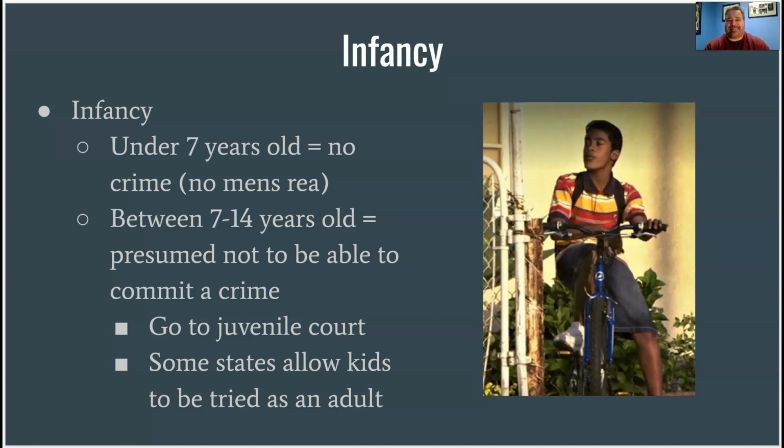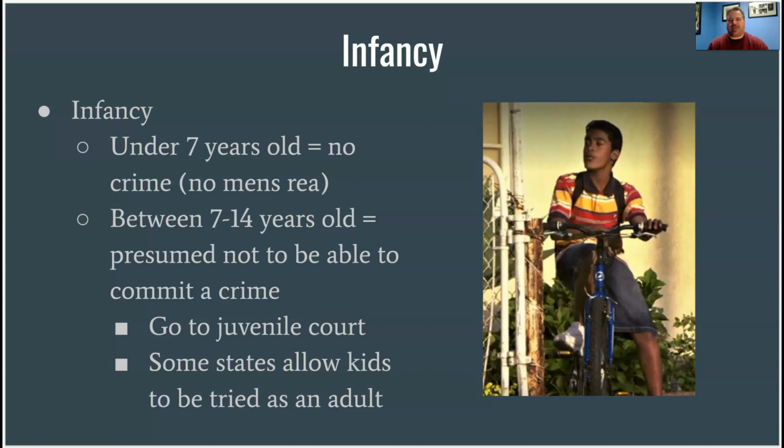They don't know the difference between right and wrong because they're a child, okay? Because they're so young that even if their action constituted an illegal action, they didn't have the requisite mental state, because they didn't know what they were doing was wrong.